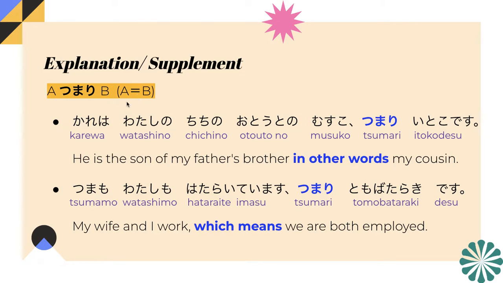So A equals B. So A つまり B. The first one says, he is the son of my father's brother, in other words, my cousin. To say this in Japanese, it will be 彼は私の父の弟の息子、つまりいとこです。 This one is a long one.